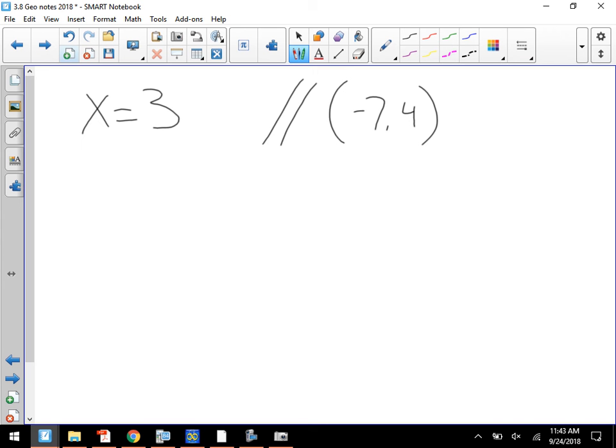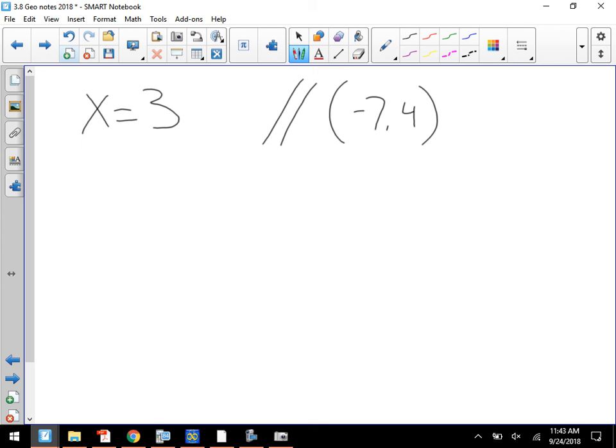Well, here's the thing. This is the kind that you have to start. Okay, x equals a number is what kind of a line? Horizontal or vertical?